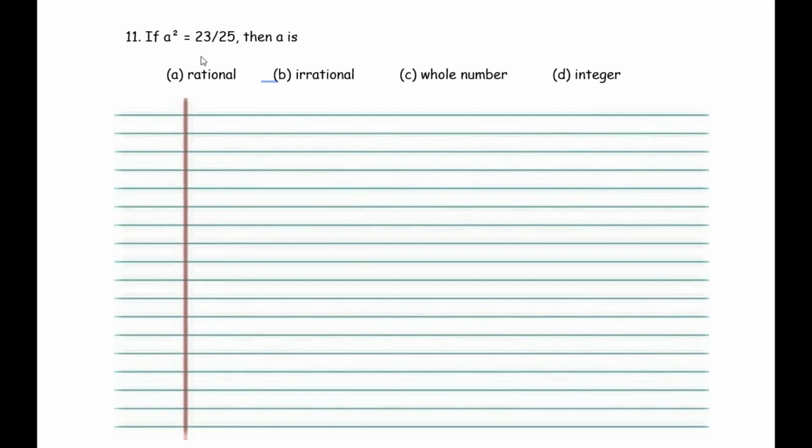Now moving to question number 11. If a square equals 23 by 25, then a is: option A rational, option B irrational, option C whole number or integer. Given what? Given a square equals what? 23 divided by 25. Now a equals what? A equals square root of 23 divided by 25.